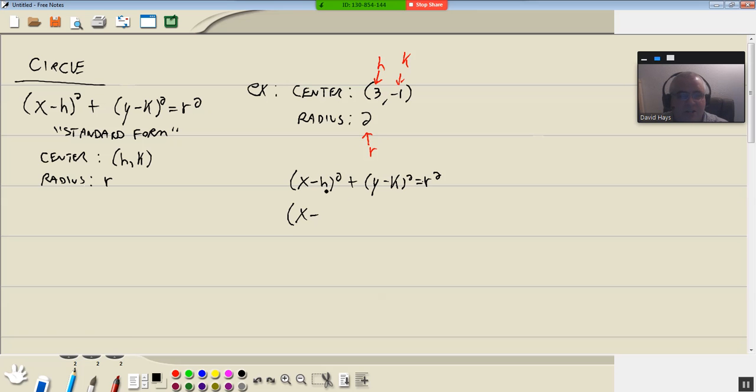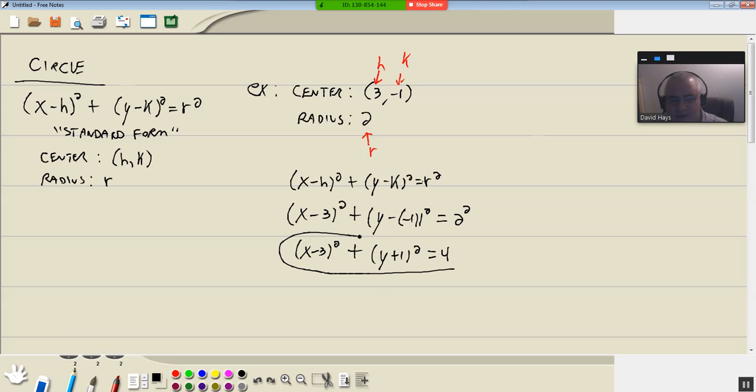So x minus h is 3, plus y minus k, and k is -1, is equal to r squared, so that's 2 squared. And you do a little bit of simplifying. So that's x minus 3 squared plus negative becomes positive, so that's y plus 1 squared, and 2 squared gives us 4. And that would be our standard form.